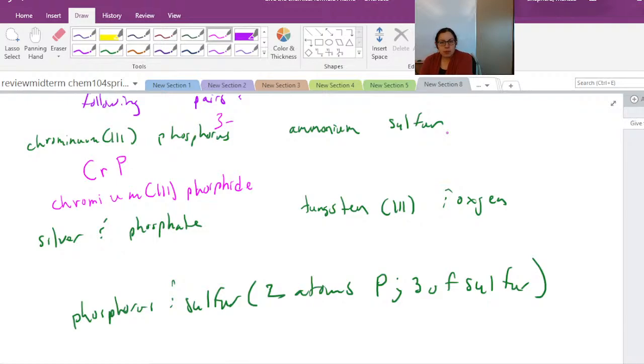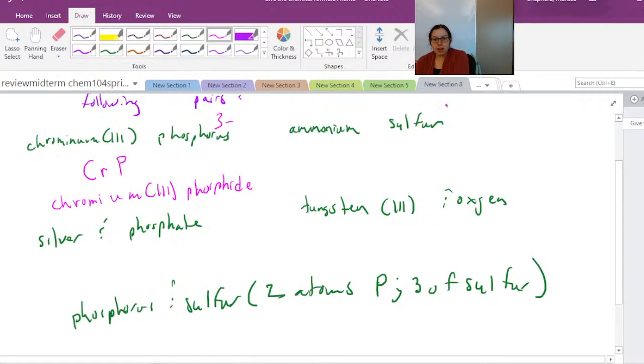So what's sulfur's oxidation state? So yeah, -2 though, so make sure. So -2, and then what's ammonium? What's the formula? What's the charge?